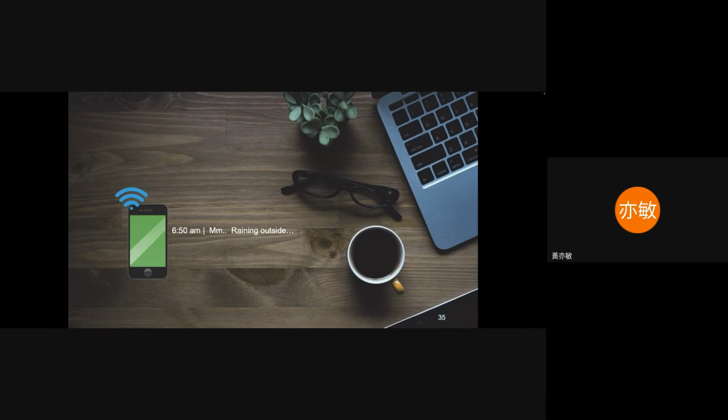6:50 in the morning, you wake up and you notice it's raining outside. I think, oh, that's fine. It's normal in Taiwan. But at 6:55 in the morning, you get a warning message sent directly to your smartphone. It says there's a flood warning.